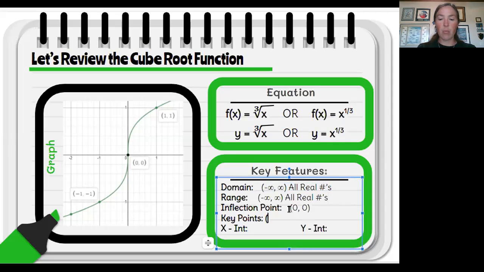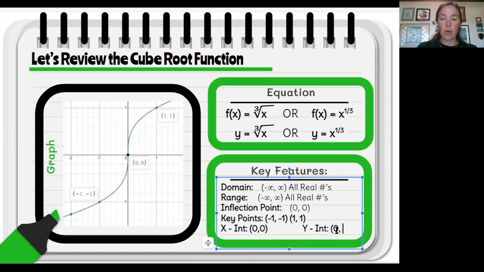The key points were negative 1, negative 1 and 1, 1. We do have an x-intercept and a y-intercept, which also happen to be the inflection point, so these would both be 0, 0.